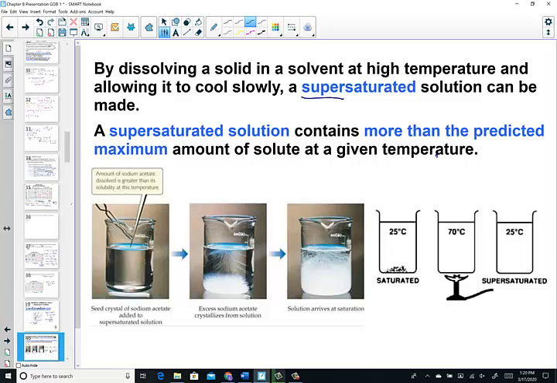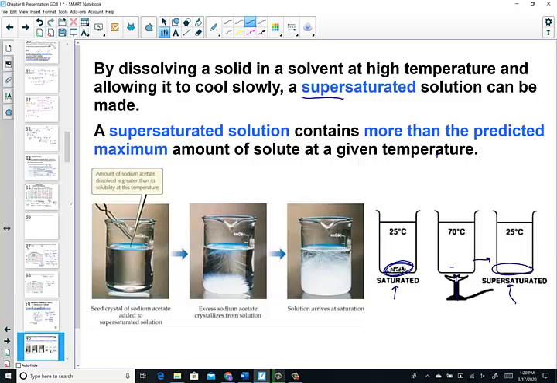You take a solution that is saturated at a specific temperature and you warm it up. All of this extra salt that was sitting at the bottom is now dissolved. At the 70 degrees, I see no solid at the bottom. Then I let it cool again and look at no solid at the bottom.